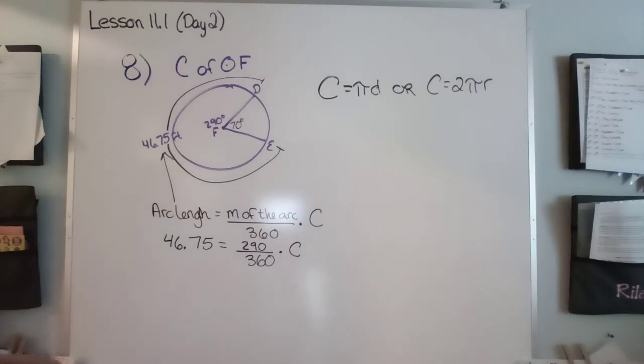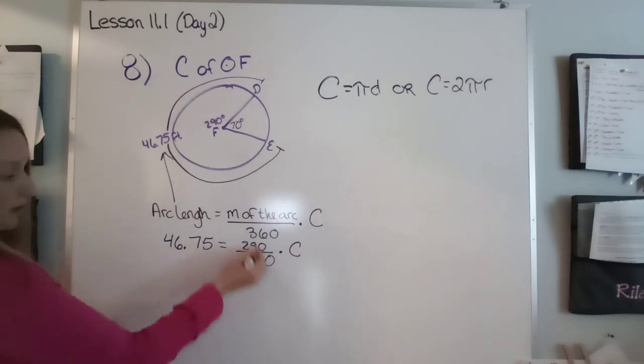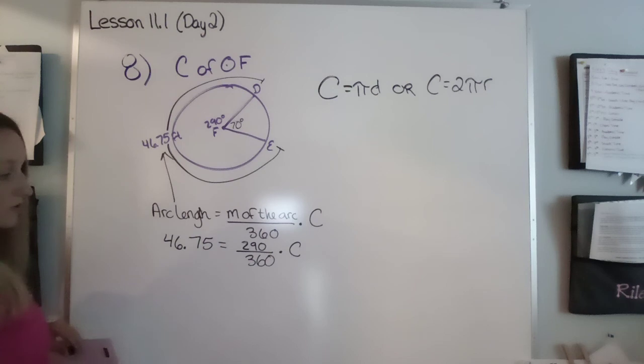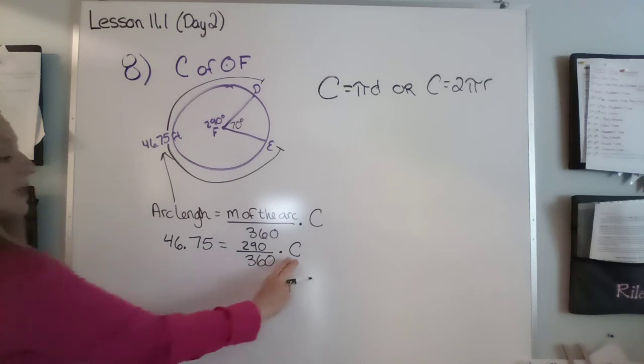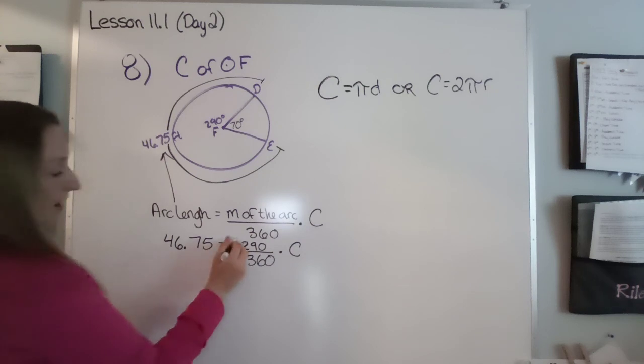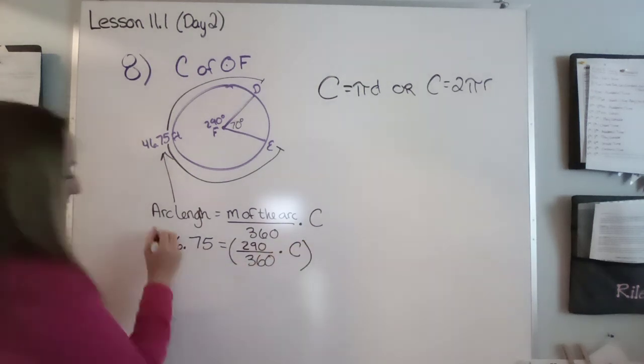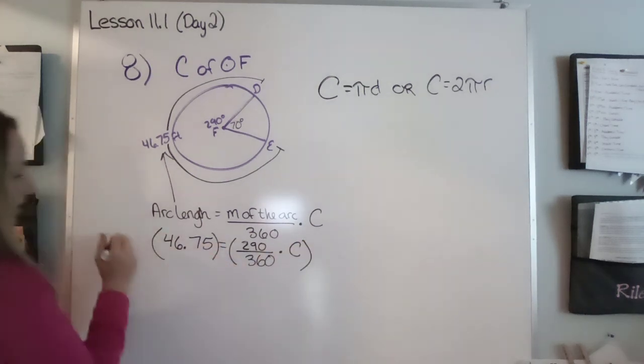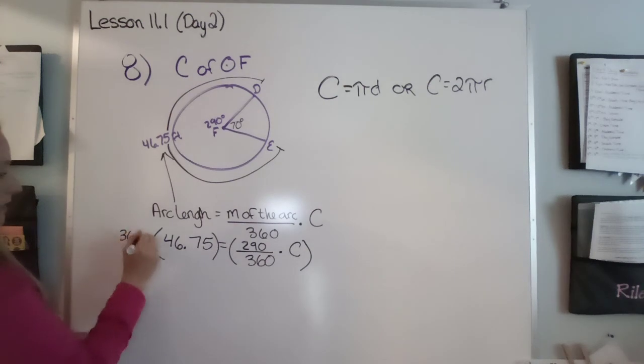Okay, so now I need to solve for C. First, you might want to make that fraction more simplified by crossing off the zeros and make it 29 over 36, just to make the numbers easier to work with, but that's up to you. To isolate the C, I have to multiply both sides by the reciprocal of that fraction. So I'm going to multiply both sides of the equation by 360 over 290.